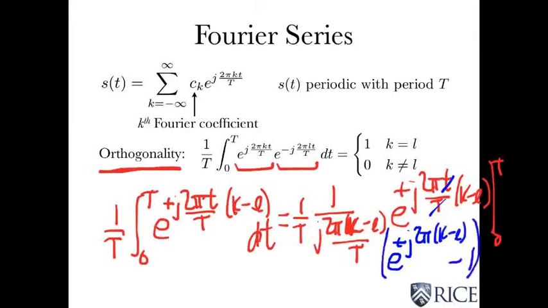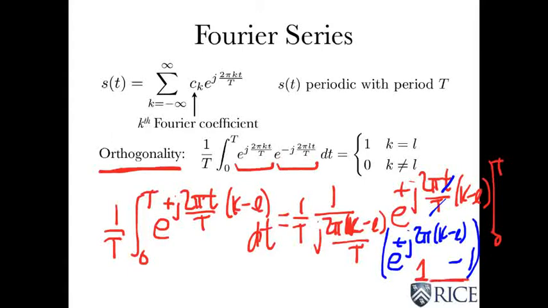Well, what is e to the j 2 pi times an integer for any integer? Well, I hope you said that the answer is 1. So this term turns out to always be 1 for any value of k and L. The difference between two integers is another integer, so e to the j 2 pi times an integer has got to be 1. So it looks like we get 0 for an answer, 1 minus 1 here.